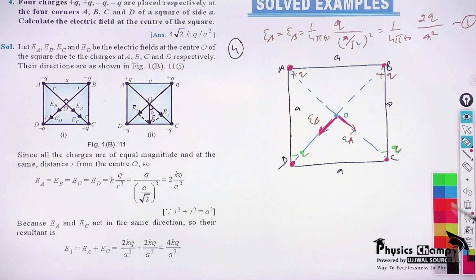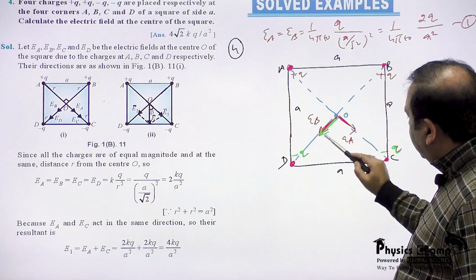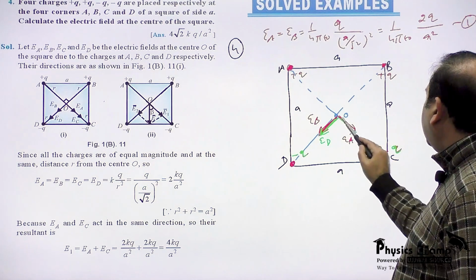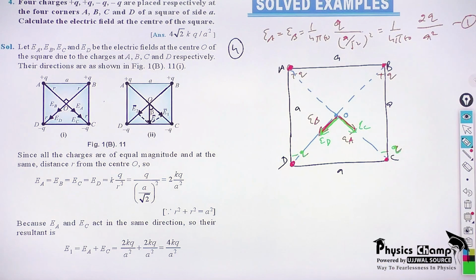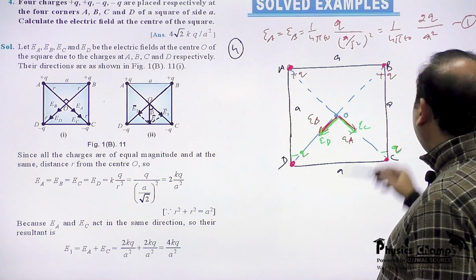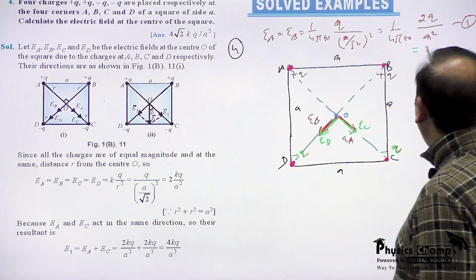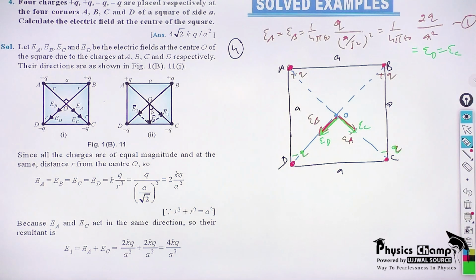And at the same time, on the side of this, you are also having ED. And on the side of it, you are also having EC, where the magnitude of EB, ED and EC will be same, just the direction are different.